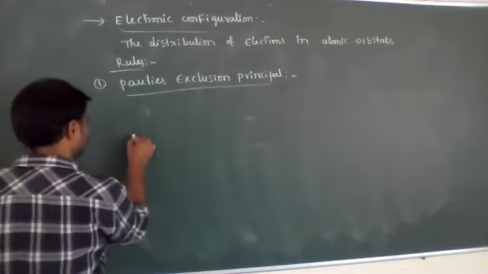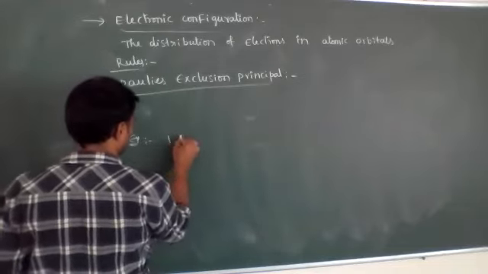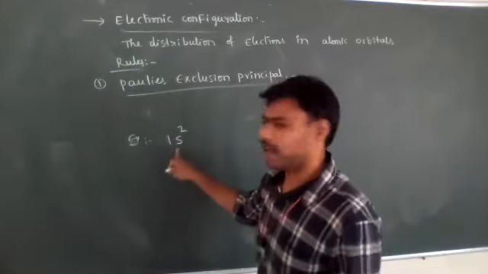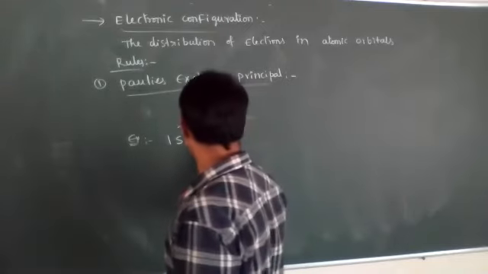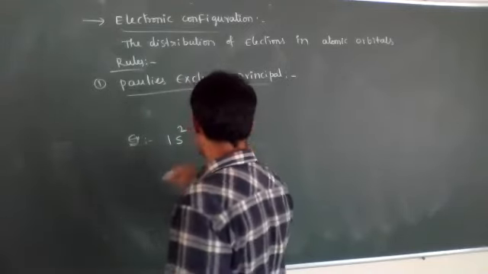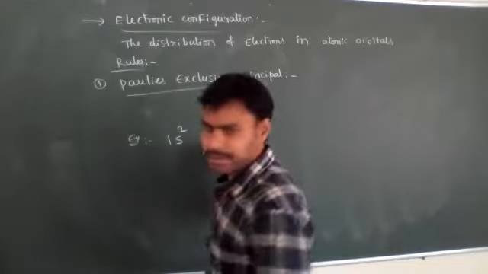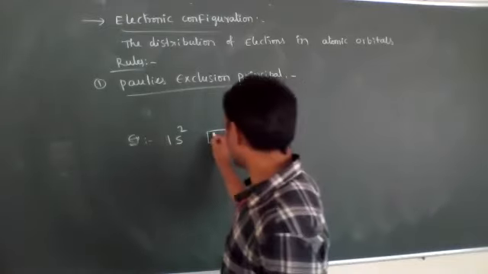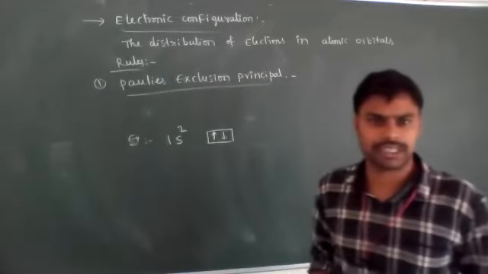I will take the first example, that is 1s2. 1s2 means the 1s subshell contains 2 electrons. 1s has only one orbital, that is one orbital, which I mention in brackets or a small box. Then one electron is present in the clockwise direction, and the other electron is present in the anti-clockwise direction.